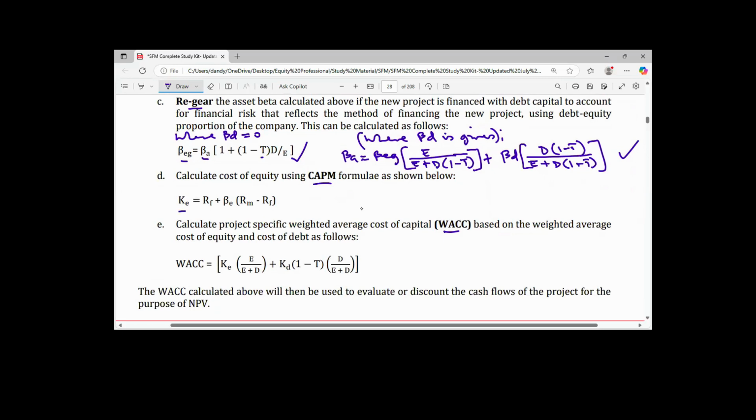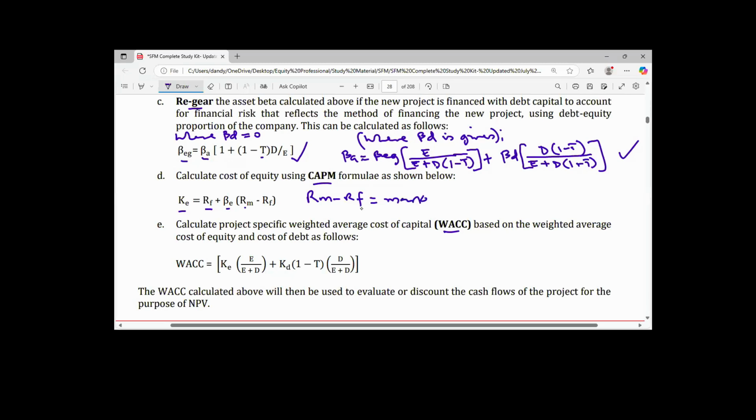KE is cost of equity. RF is the risk-free rate of return. Beta equity you've computed in step 3. RM is market return. So the difference between market return and the risk-free rate of return is called market risk premium.